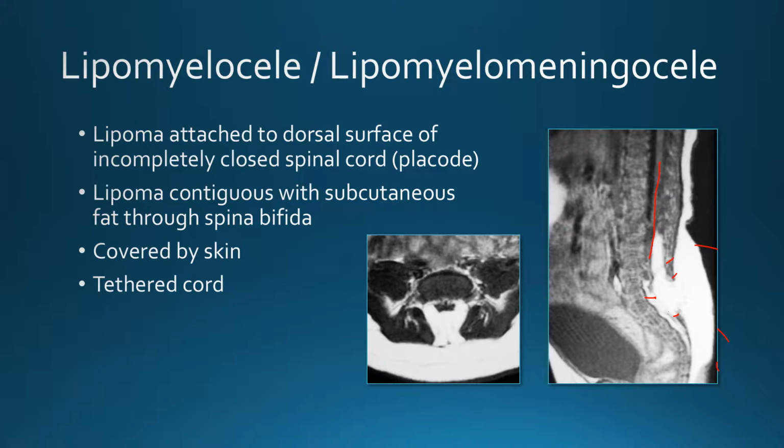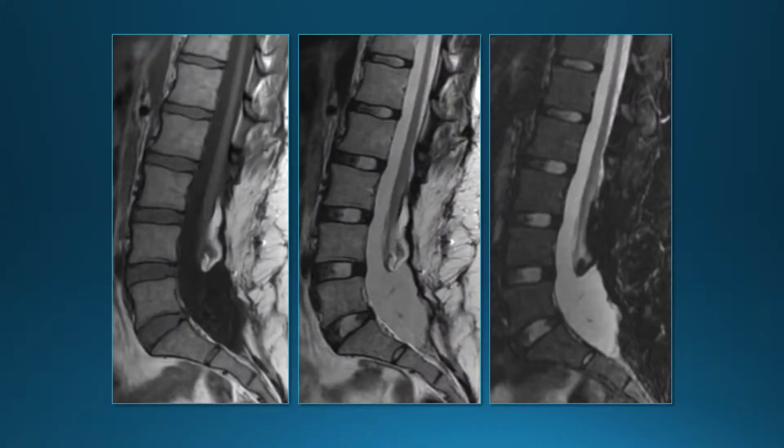This is covered by skin and almost always associated with a tethered cord. The treatment of this is untethering. So the surgeon cuts through the lipoma and filum, resects as much of the lipoma as possible so that the cord becomes untethered.